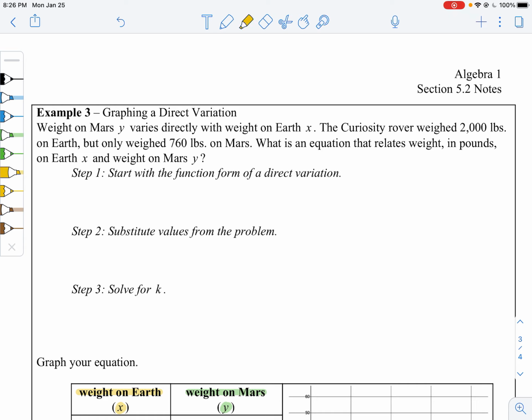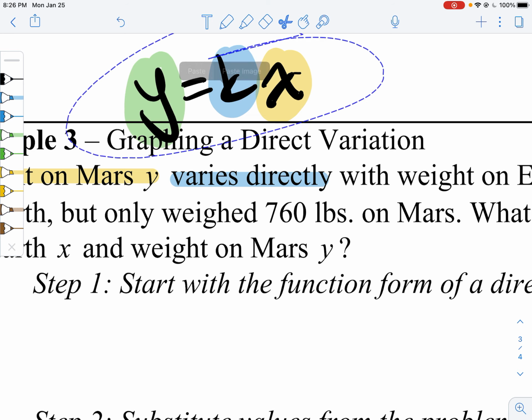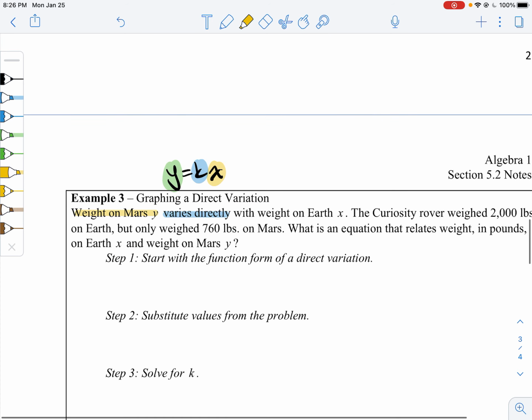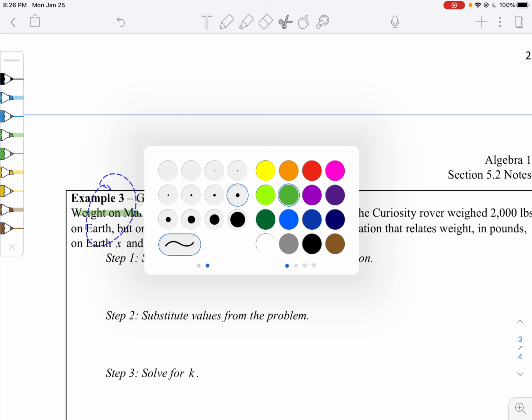So your weight on Mars varies directly. What's a direct variation? y equals kx. Okay, good. With your weight on Earth, which we will use to represent x. This is y.